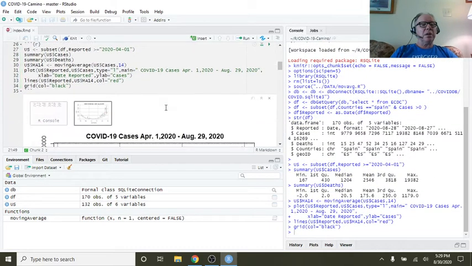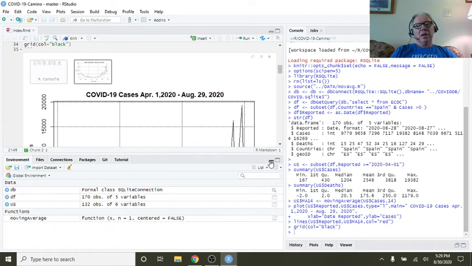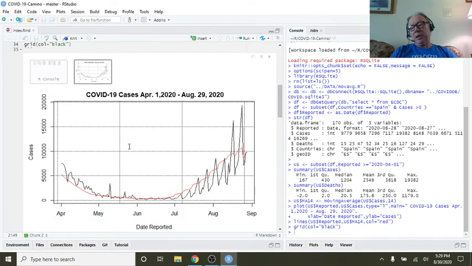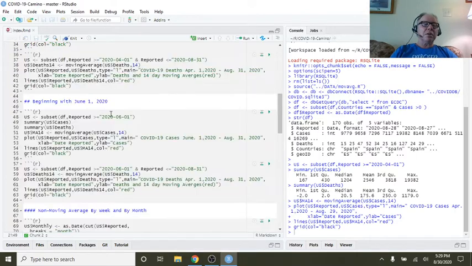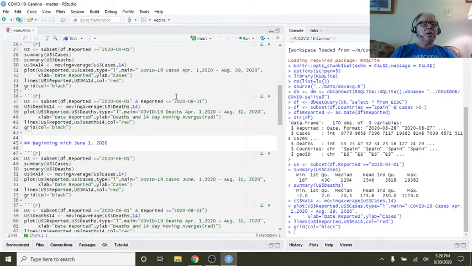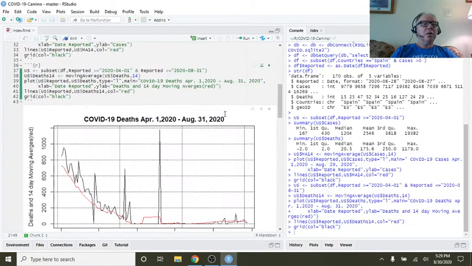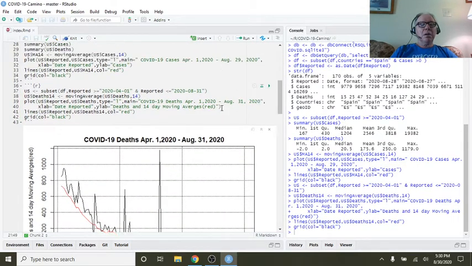Summary and the plot of cases as of August 29th. Actually, this is August 30th. Deaths.